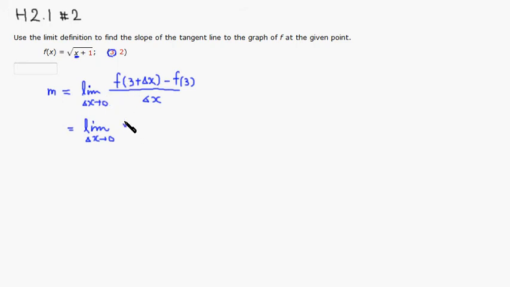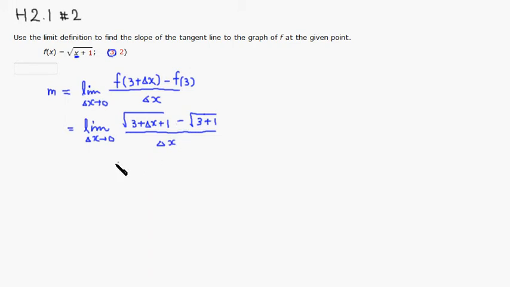So it's going to be the square root of 3 plus delta x plus 1, minus f of 3, which is just the square root of 3 plus 1, right? Then all over delta x.